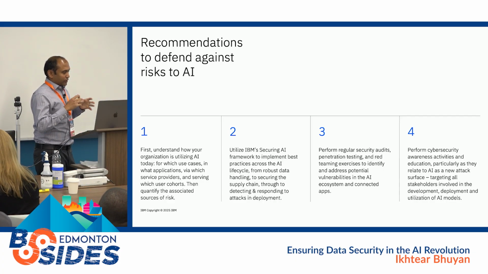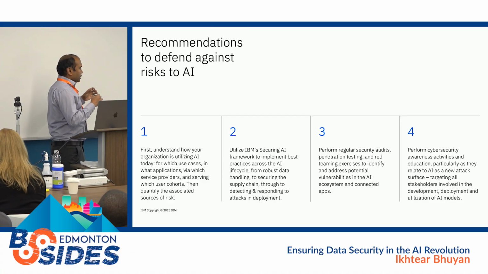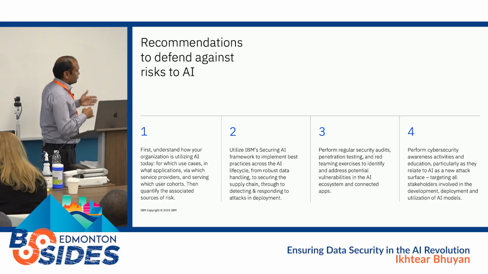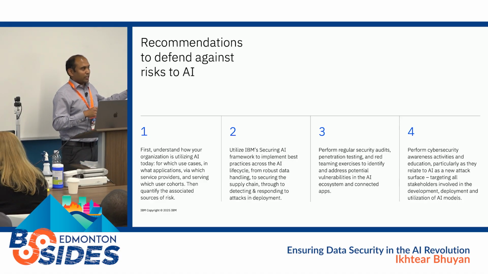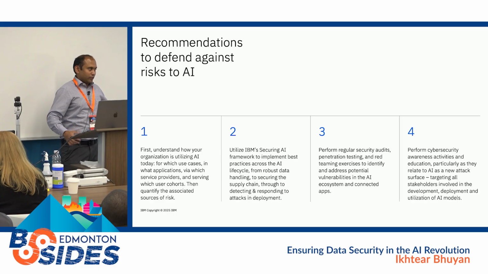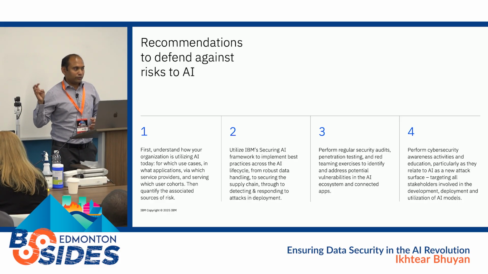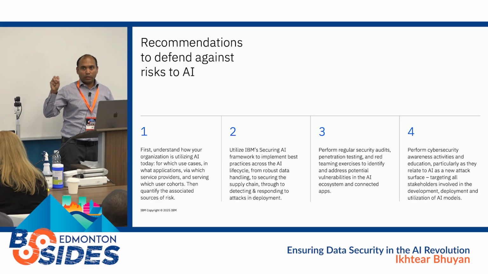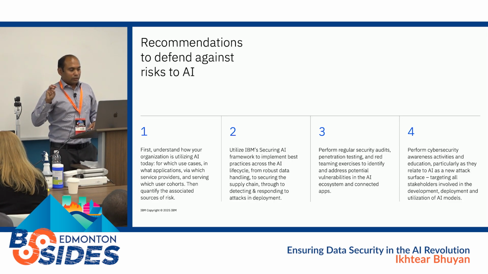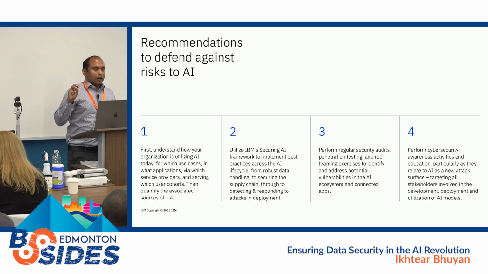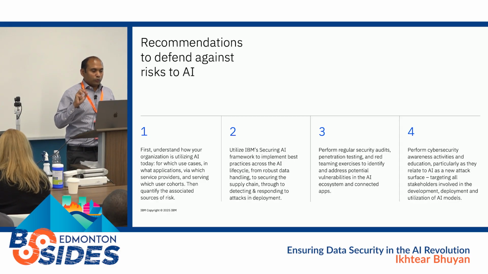But the very first thing, as I mentioned, is to follow the framework from a pipeline perspective, because what is needed in the AI pipeline? Data, model, inferencing. You need to think about securing all three aspects. If you secure one thing and you don't secure the other parts, that will not work.